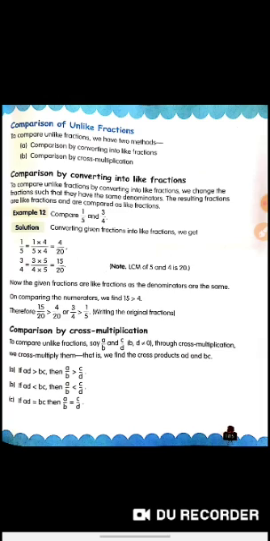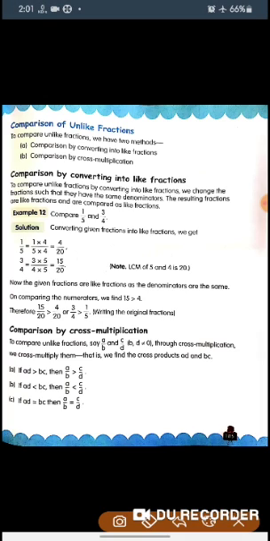Now first let's take the first fraction, 1 by 5. We will see the denominators. Here the denominators are 5 and 4. 5 and 4 have no common factors among each other. So we will take the LCM of 5 and 4.